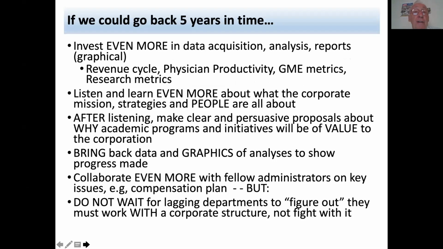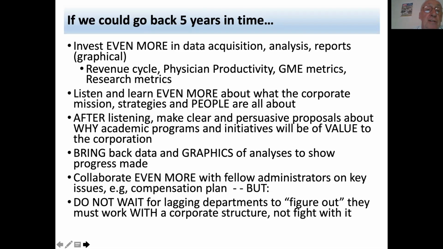So in retrospect, as we look back on the past 5 years, we would have invested even more in data acquisition, analysis, reports for revenue cycle, physician productivity, GME metrics, research metrics.